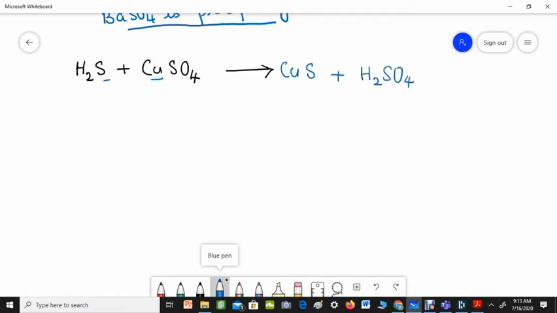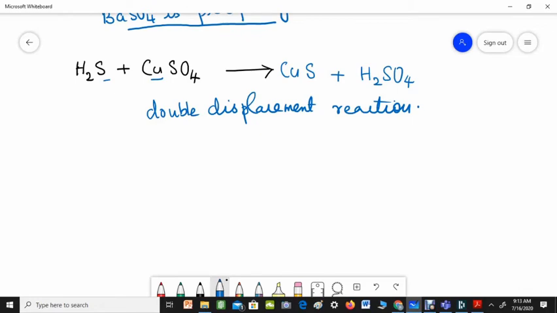So when you look at the reaction, you can easily understand that these reactants are exchanging their ions. Copper is exchanging the sulfate with the sulfide ion, and hydrogen is exchanging the sulfide ion with the sulfate ion. So this is actually a clear example of a double displacement reaction. So your reaction is a double displacement reaction.